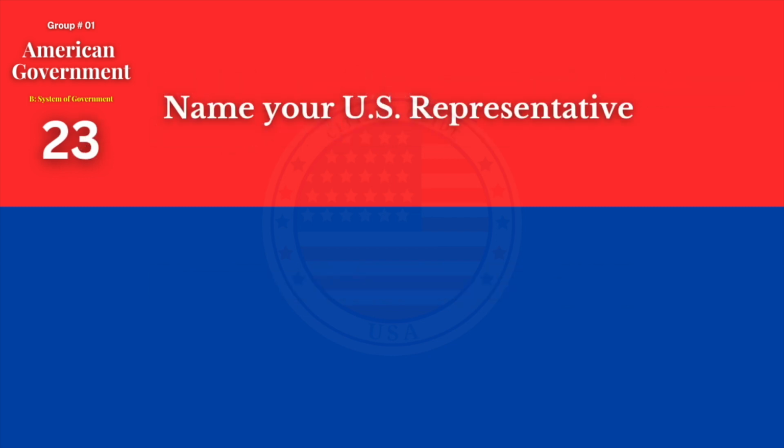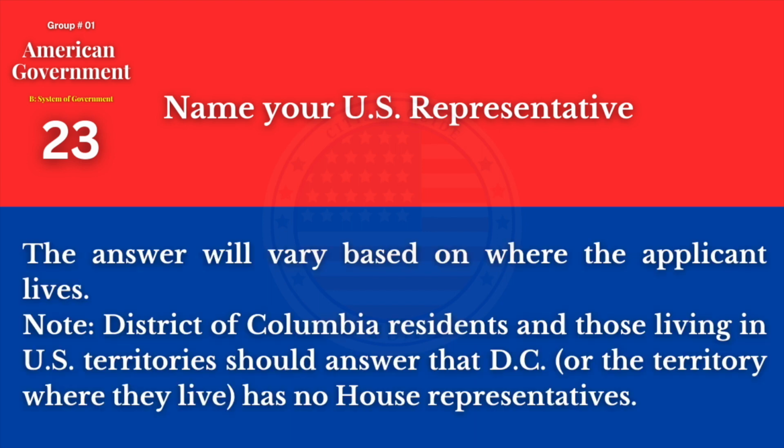Name your U.S. representative. The answer will vary based on where the applicant lives. Note: District of Columbia residents and those living in U.S. territories should answer that D.C., or the territory where they live, has no House representatives.